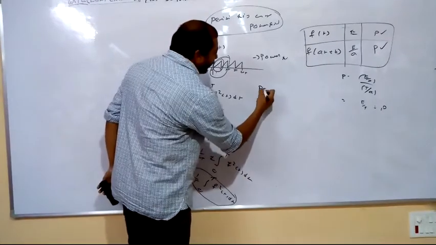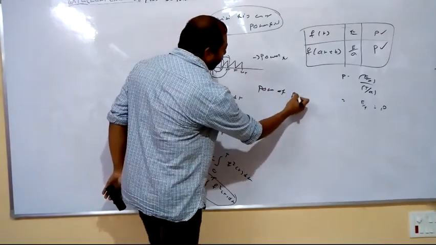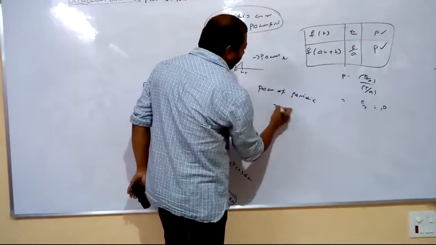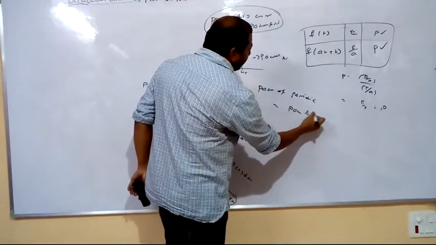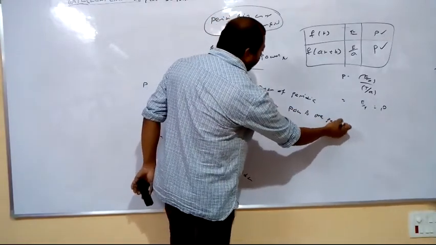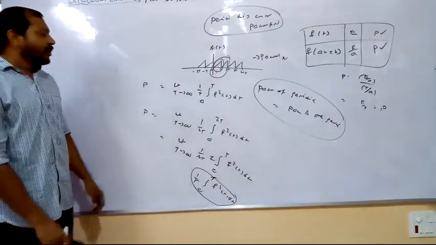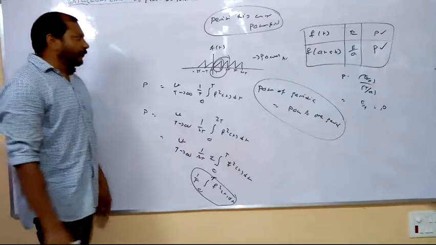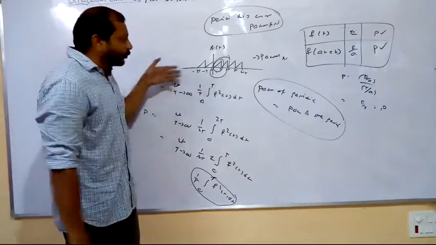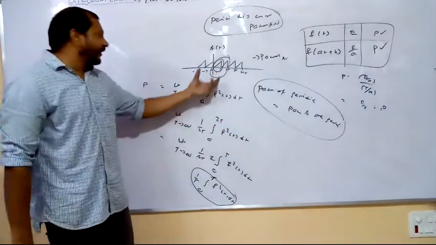Very important: the power of a periodic signal is equal to the power of one period only. Even if they give you a periodic signal and ask for the power of the signal, you calculate the one-period power, and that is enough to get the total power of the signal.